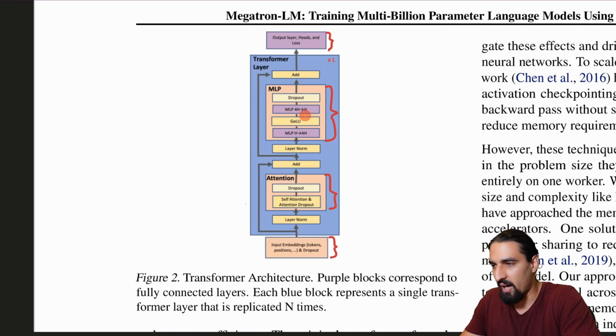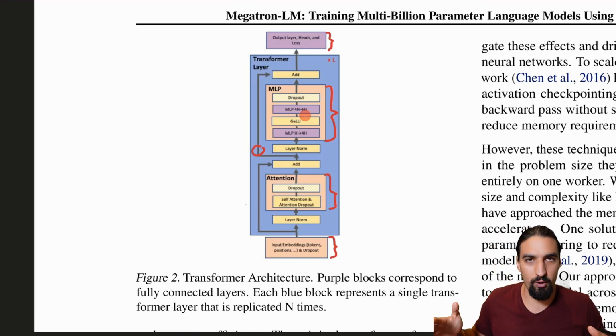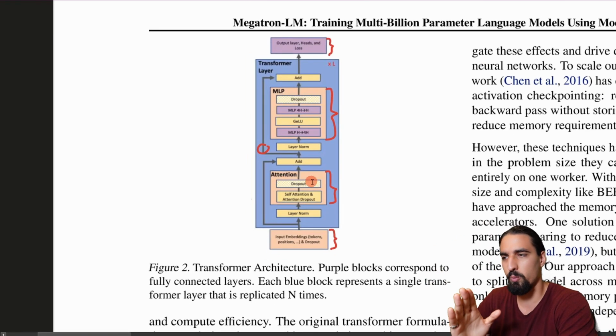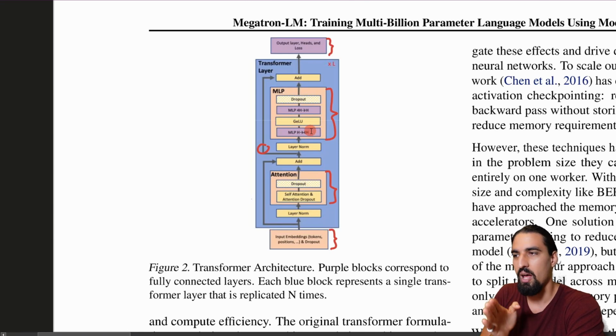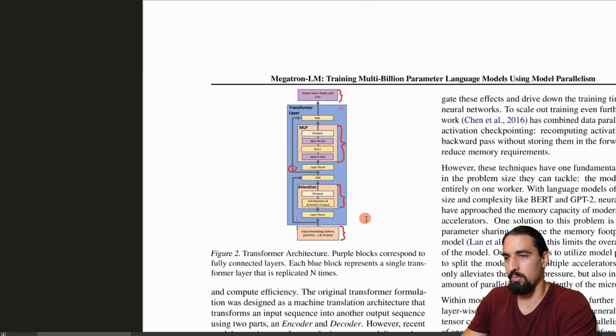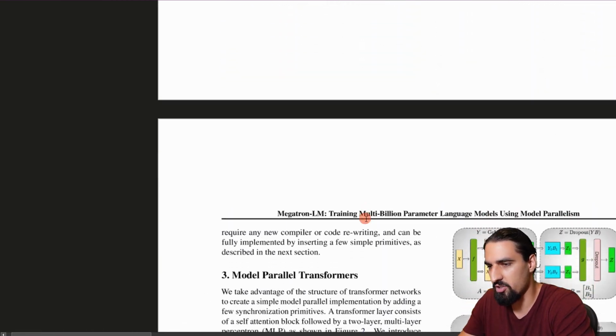And finally, a detail worth mentioning is that the residual connections, additions, layer norms are actually replicated across devices. So there is some duplication going on. For various reasons, they decided that's the most optimal thing to do. But that's the plan. Let's see how do we vertically break up the MLP, how do we vertically split the attention block. That's gonna be the main gist of this paper.